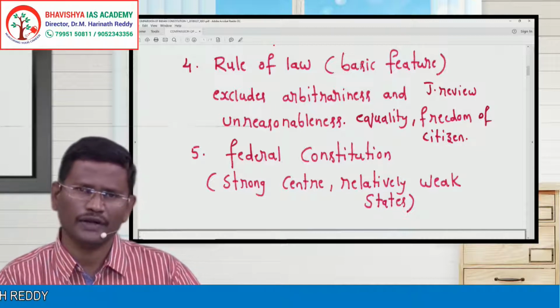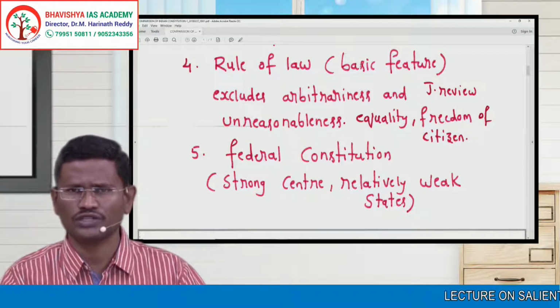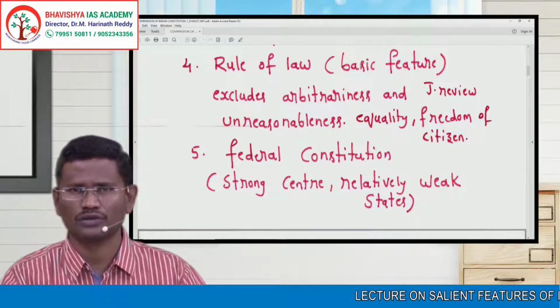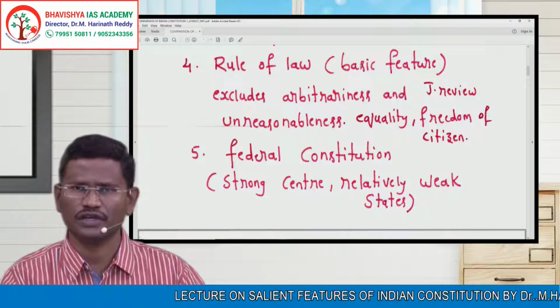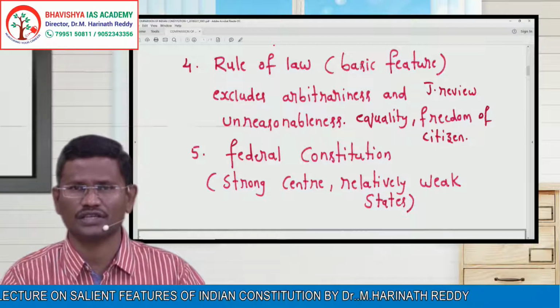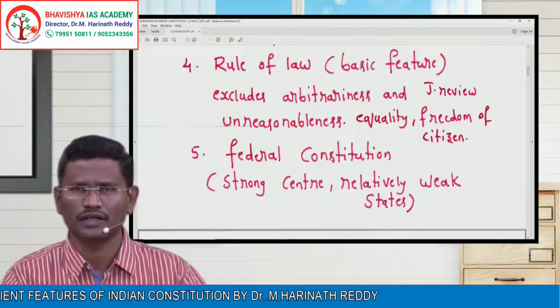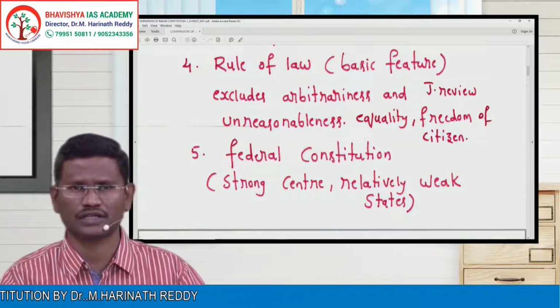Then, in addition to this, the Indian Constitution is a federal constitution, but there is a difference. If you compare the Indian Constitution with the American Constitution, Indian is federal, American is also federal, but there is a fundamental difference. The American Constitution is a classical federation. In America, the federal constitution is the result of agreements among the states.